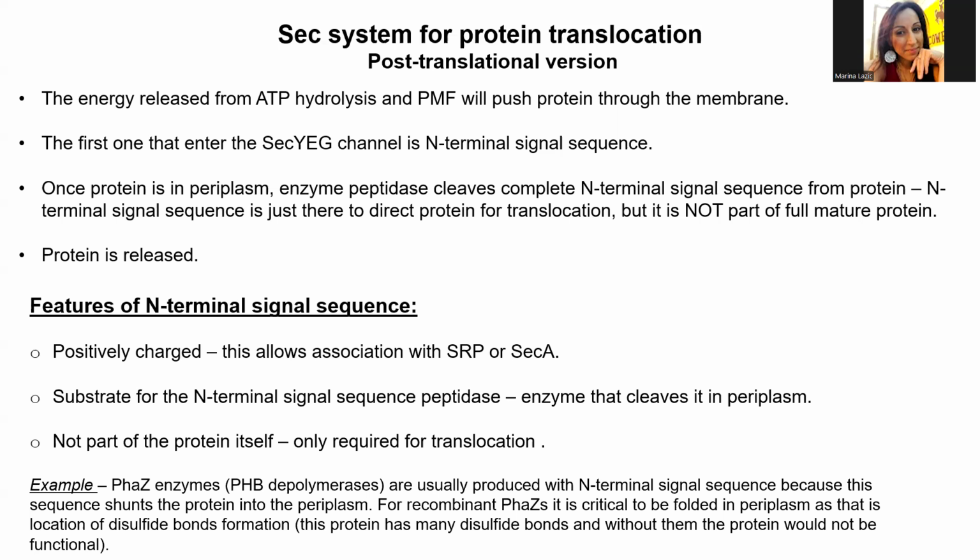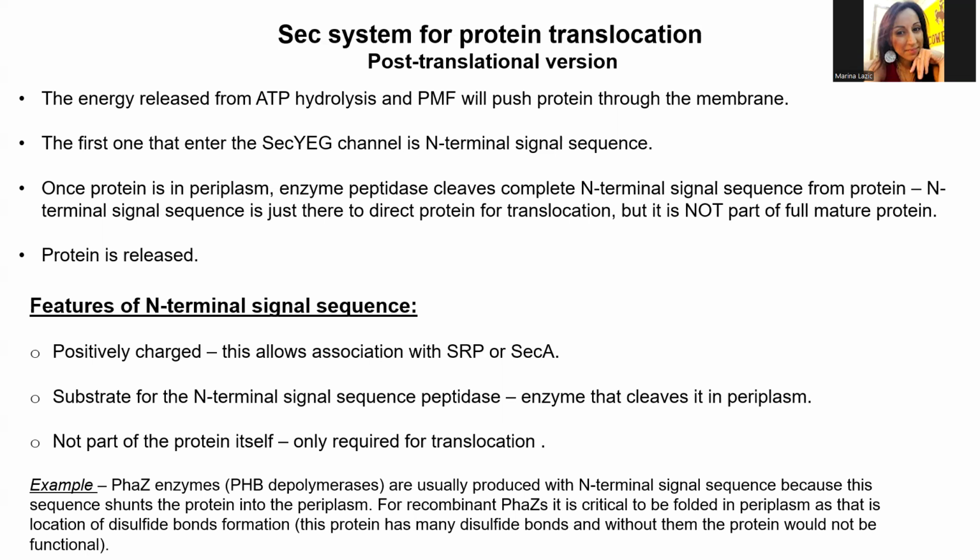So one of the examples of N-terminal signal sequences are PhaZ enzymes, which are PHB depolymerases. They are used in degradation of biodegradable plastic. So they are produced with an N-terminal signal sequence. Why? Because PhaZs can be exported to the periplasm thanks to that N-terminal signal sequence.